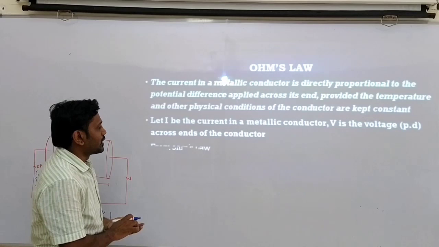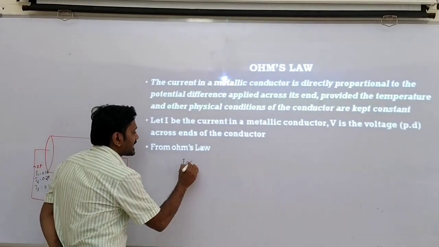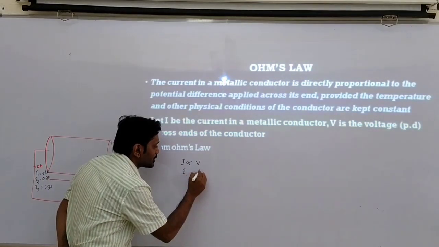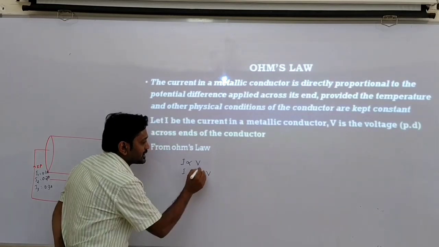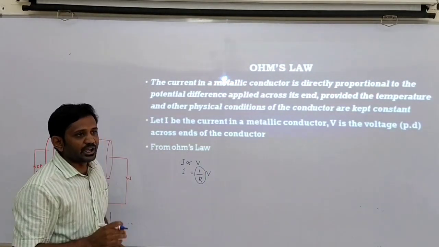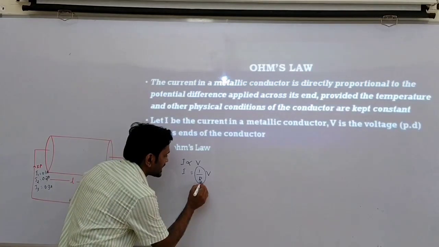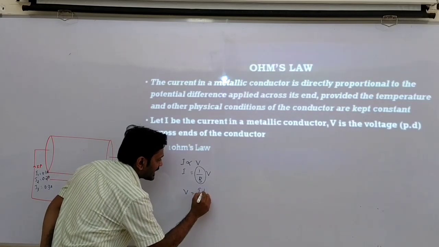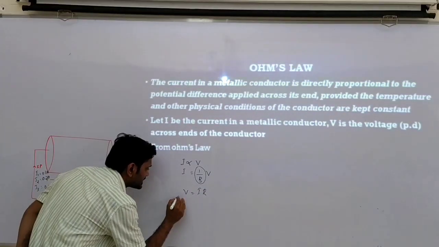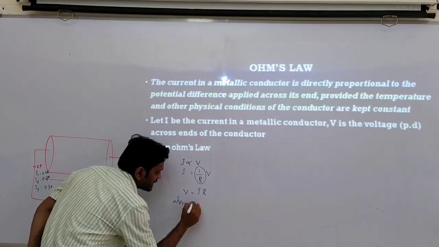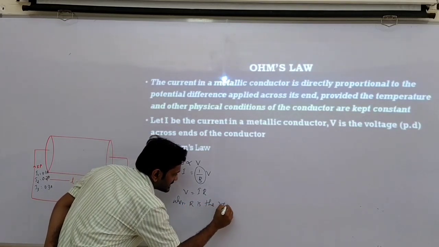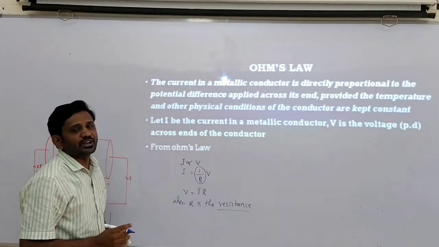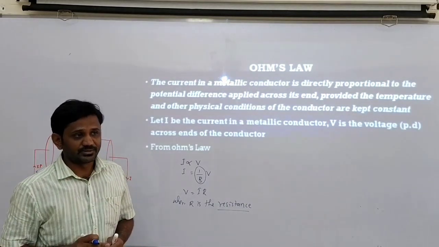According to Ohm's law, we represent it as I is directly proportional to V, or I is equal to 1 divided by R into V. Here 1 by R is the proportionality constant, and R is the resistance. Ohm's law is represented as V is equal to IR, where R is the resistance, or simply the electrical resistance.